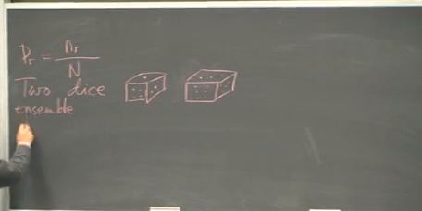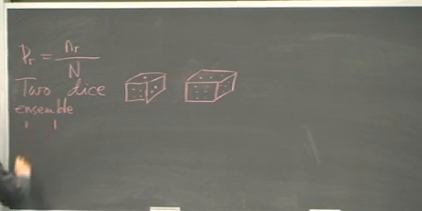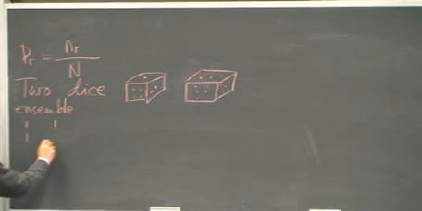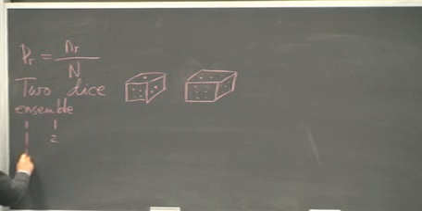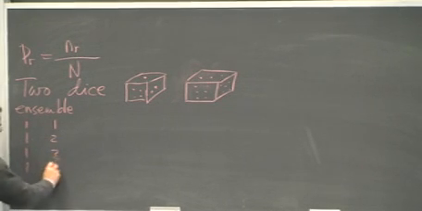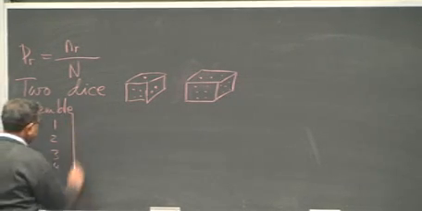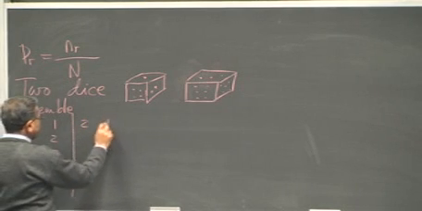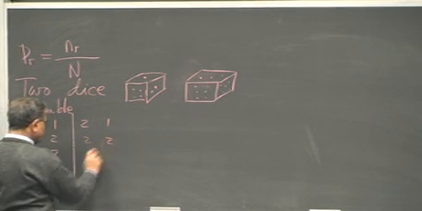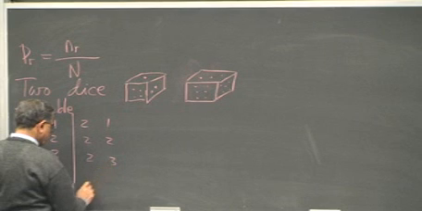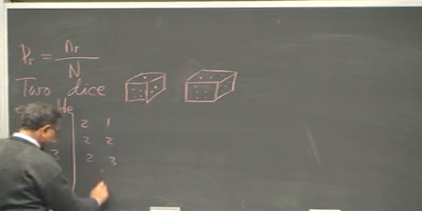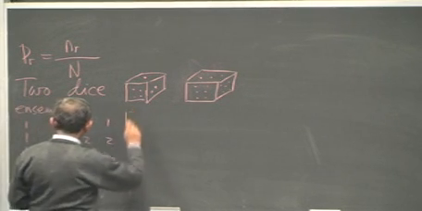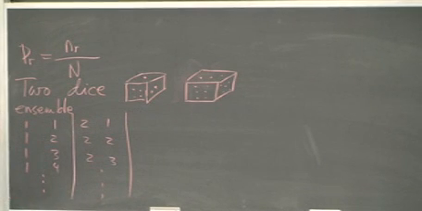And the ensemble will consist of the possible states. Die 1 has a 1 on top, die 2 has a 1 on top; die 1 has a 1 on top, die 2 has a 2 on top, 1 on 3, and 1 on 4, and so on. And then die 2 has a 1 on top, and die 2 has a 2 on top, and a 3 on top, and so on, etc., etc. All of this.